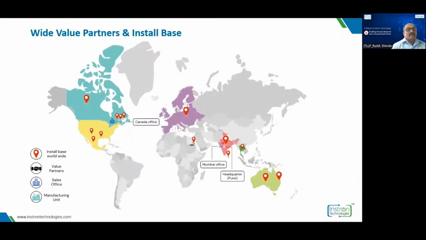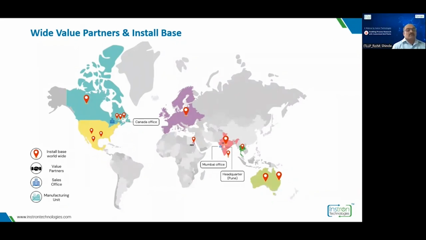Our strength lies in having value partners in different cities, which helps widen our reach and service our customers. Our plan is to have 40 plus value partners across the globe. These partnerships and installations not only reflect our capabilities, but also set the stage for why we stand as a reliable partner in the eyes of the clients.